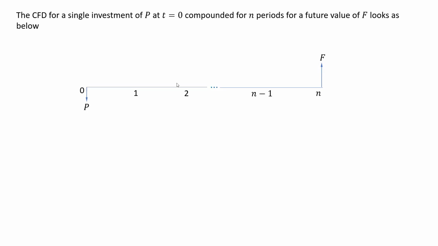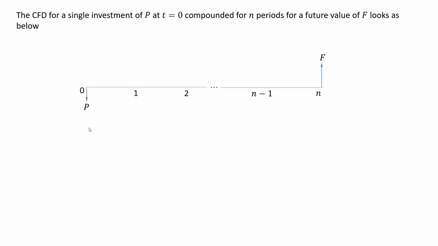And of course, sometimes you also state what the interest rate is and so on. But this is, for instance, a simple cash flow. One more thing you need to notice. How come this one is going down, whereas this one is going up? Well, going down is a negative cash flow.